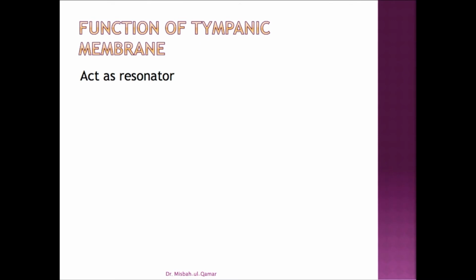So it transmits the sound waves to the ossicular system of the middle ear, the system which consists of three bones of the middle ear. Do you know what resonance is? Resonance is a tendency of a system to oscillate with larger amplitude at some frequencies than at others.